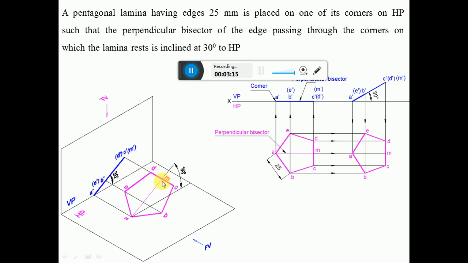This is how, when you see in 3 dimensions, AM will be the line which is the perpendicular bisector inclined at 30 degrees to HP. Since the perpendicular bisector is rotated, naturally the surface containing it also becomes inclined. That is what we have shown here. When you look from the front view, you are getting a line, this line here. And when you look from the top view, you are going to get this projected surface onto HP. That is the pentagon.